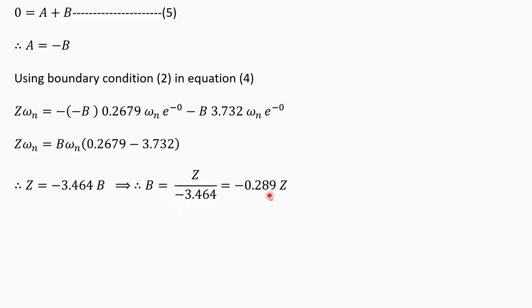So value of a is this, value of b will be minus a. So a will be equal to minus b. So minus of minus 0.289 z, that is 0.289 z. Here we know that value of a, one step is remaining over here, is minus of b. b is already negative, so minus of this minus term is a plus term, so it is 0.289 z.